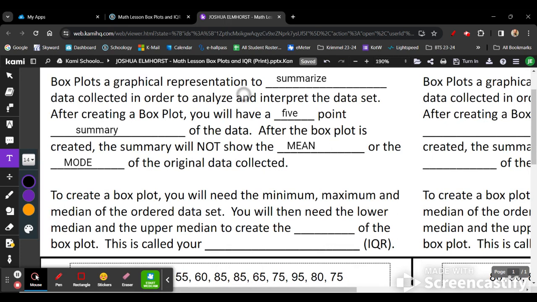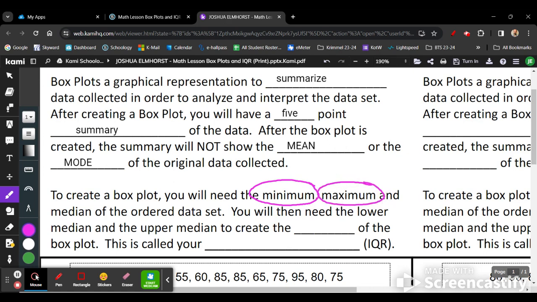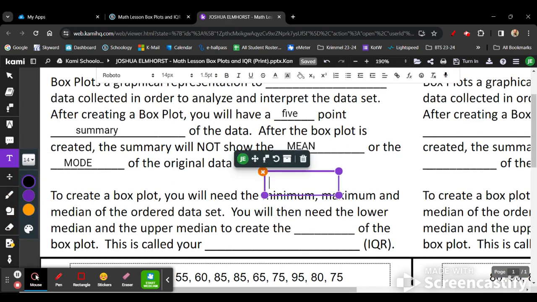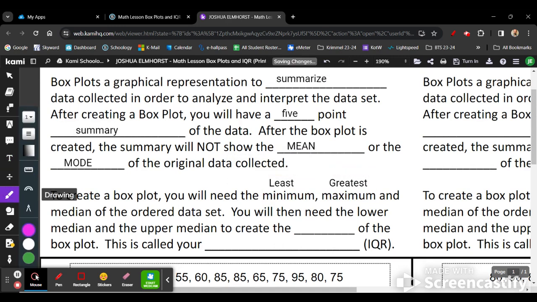So to create a box plot, we're going to need 5 points. Here's the 2 easy ones, the minimum and the maximum. And that is always going to be the lowest or the least of the data set and the greatest of the data set. And then the median.